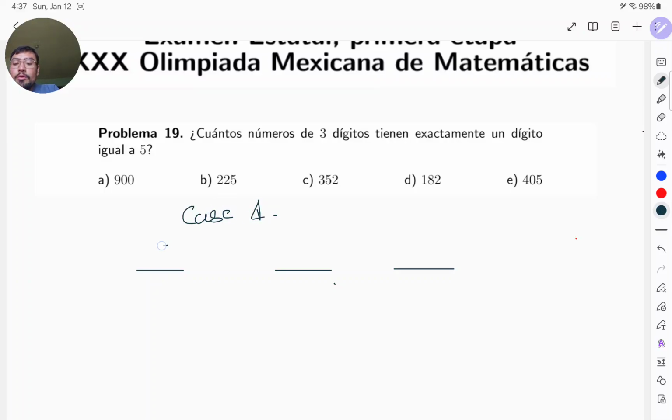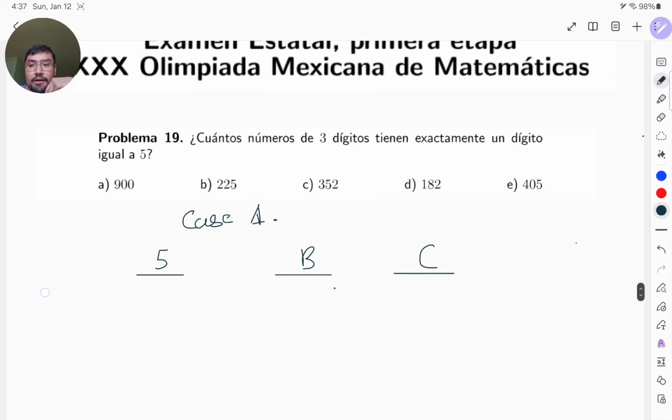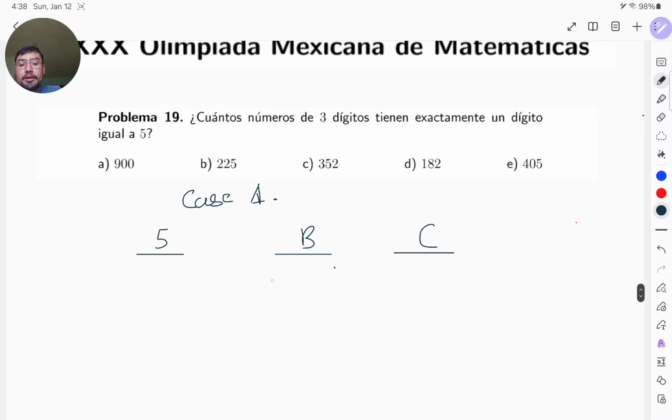Case 1 is when we have a number with 5 in the first position, but B and C can be chosen arbitrarily. We need to look for how many numbers are of this form. Since b is a digit, b can be a number between 0, 1, 2, 3, 4, 5, 6 up to 9, and in the same way c.